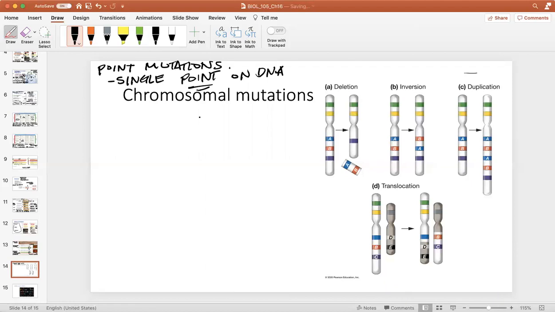But we do have such a thing as chromosomal mutations, where entire chromosomes become damaged or altered.